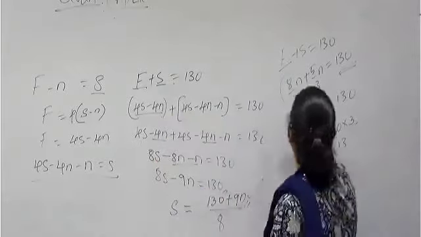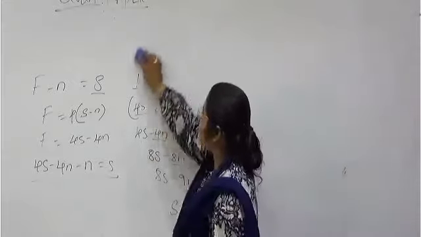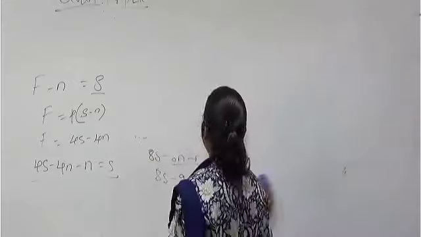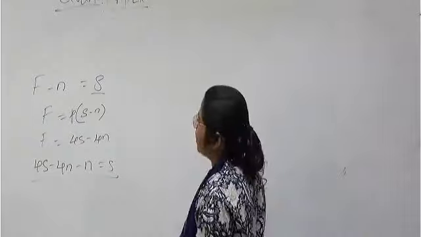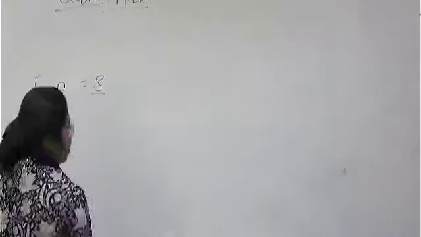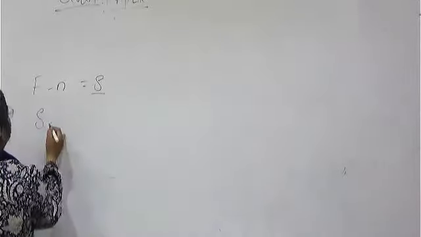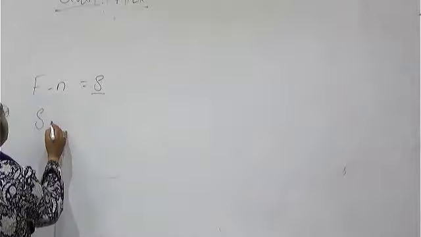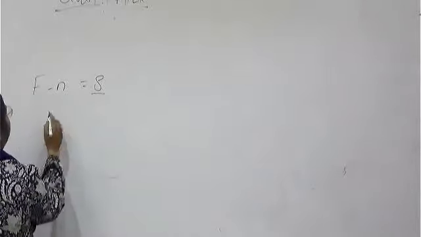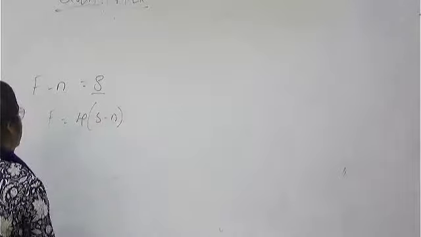I think you're struggling with the calculations. Do you have any better way? Just solve the equation. Tell me what term is there? F minus n is equal to S. F is equal to 4 times S minus n.